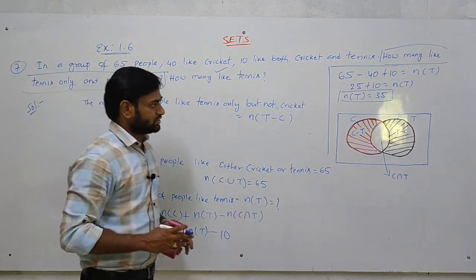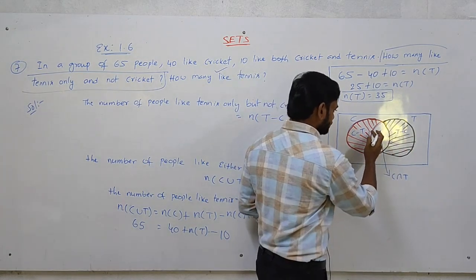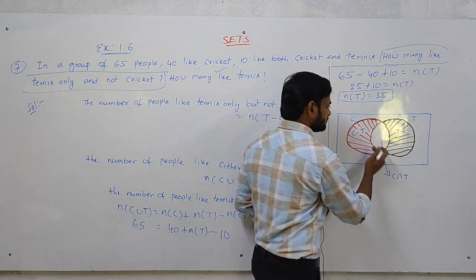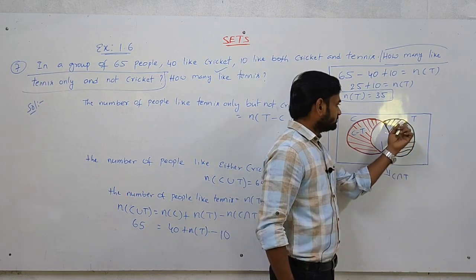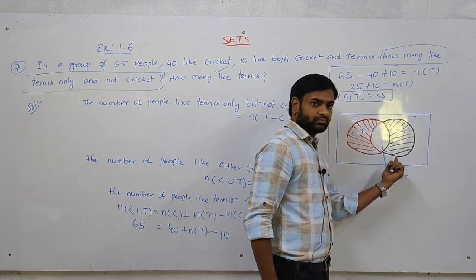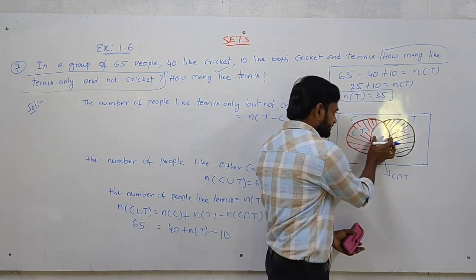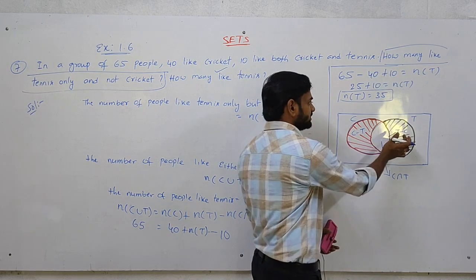Now how to find this value? See here, this is the entire T. All of you know this entire T. Just imagine it is a full moon. In the entire T, if you delete this intersection part, what is remaining?